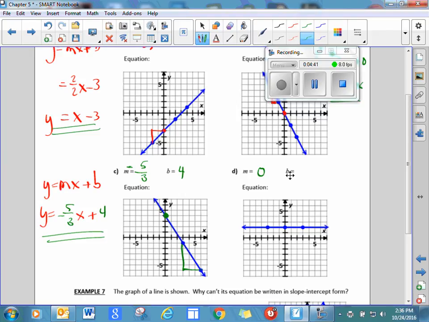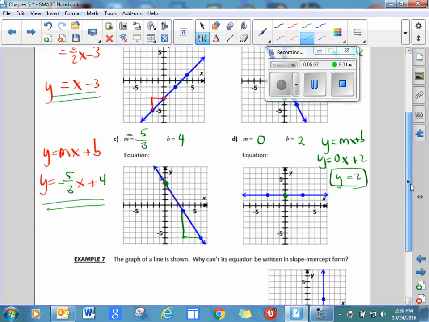Where does he intercept the y-axis? Right here at positive 2. So if we were going to write the equation, y is equal to mx plus b, we have y is equal to 0x plus 2. And of course, 0 times anything is 0. So our equation of the line becomes simply y is equal to positive 2.